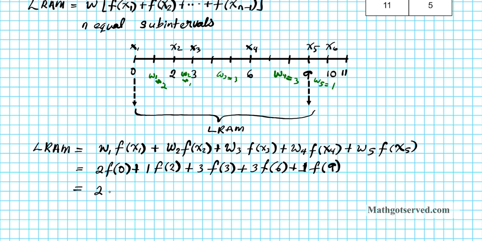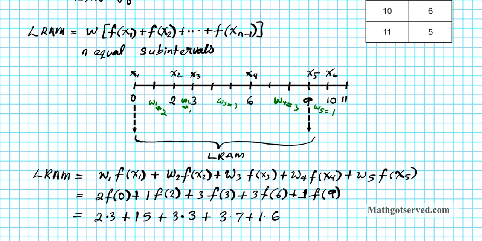So 2 times f of 0 is 3. So 2 times 3 plus 1 times f of 2 is 5 plus 3 times f of 3 is 3 plus 3 times f of 6 is 7 plus 1 times f of 9 is 6.